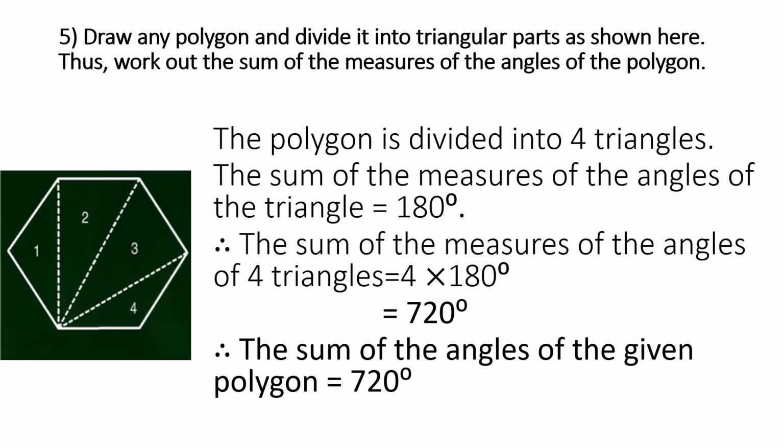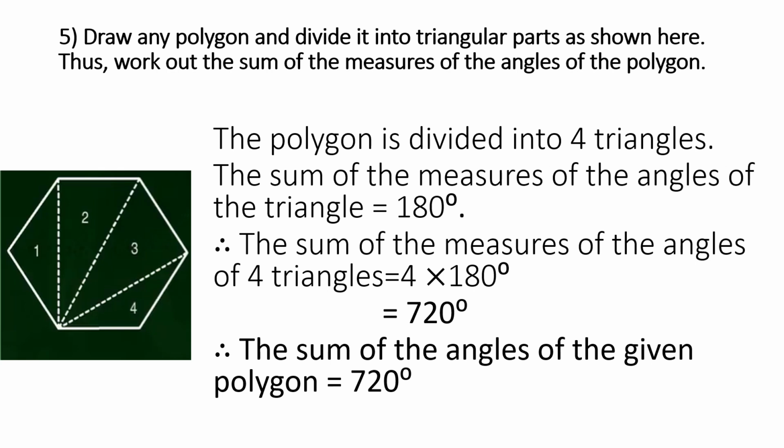Now moving towards the last question of the lesson. Draw any polygon. It's up to you, any polygon. I have drawn one, but it's up to you which one you want to draw. And then you have to divide it into triangular parts and write the measures of the angles of the polygon. Okay, so I have taken one of the polygons.